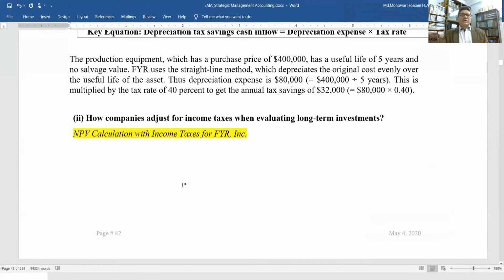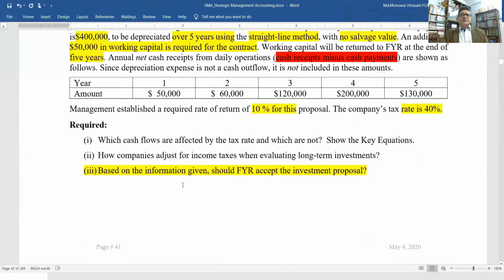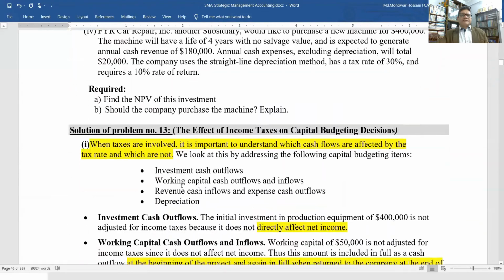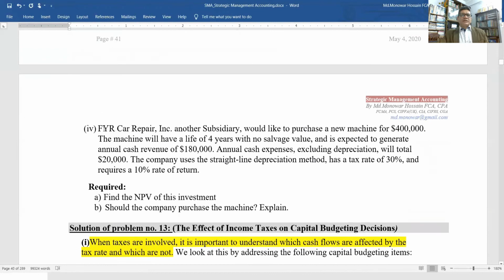Another part of that question: if we are a car repair company, another subsidiary of FYR, purchasing a new machine for 4 lakh dollars. The machine will have a life of 4 years, no salvage value, and is expected to generate annual cash revenue of 1,80,000.